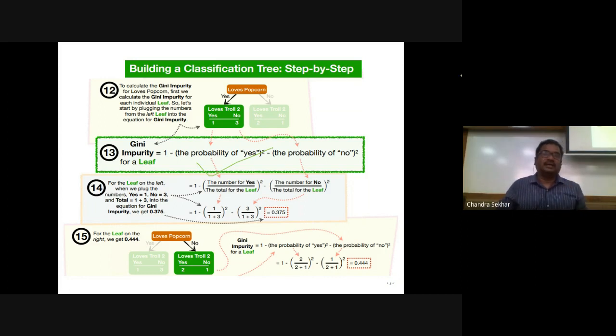What is an internal node? An internal node is a feature. Okay, so the leaves are the labels. The ultimate aim is that when I reach the label, there should not be any confusion in selecting the class label.